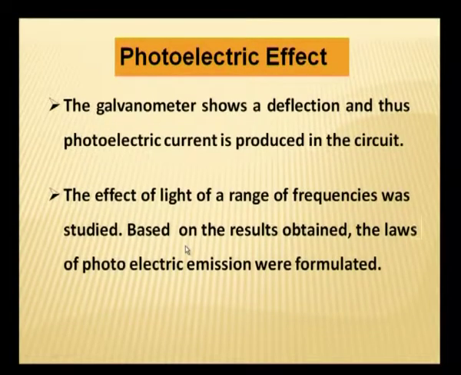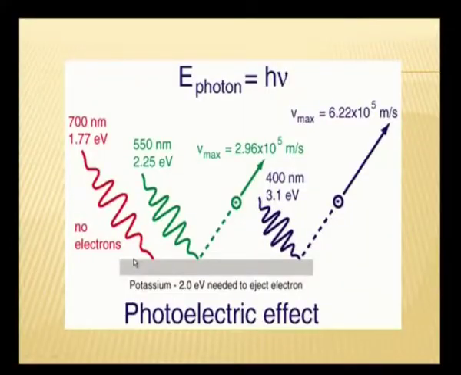In this discussion, before I go to the laws of photoelectric emission, which are very important, the results of the experimental observations are very important. Let me now pose a question, or show an interesting slide. You have the energy of the beam.